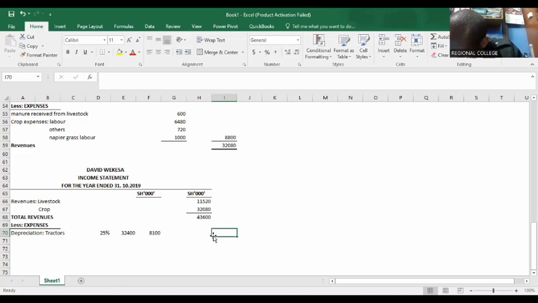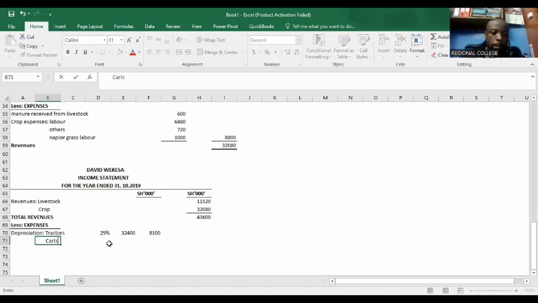Then 12% for the carts. The net book value for the carts is 3,000. So it gives me 360.